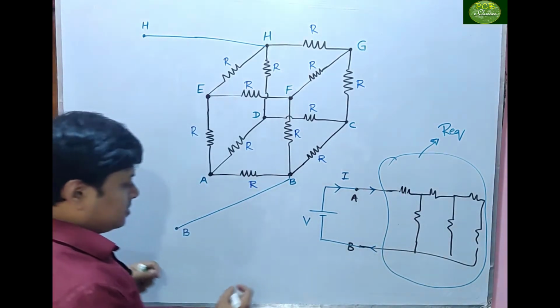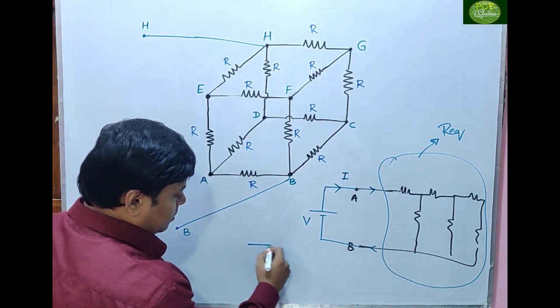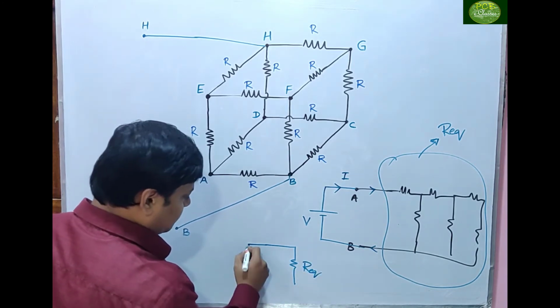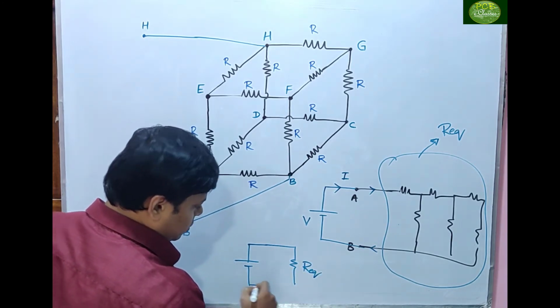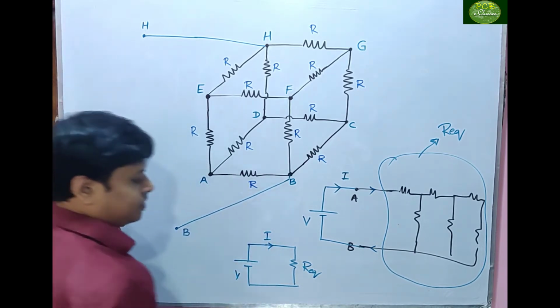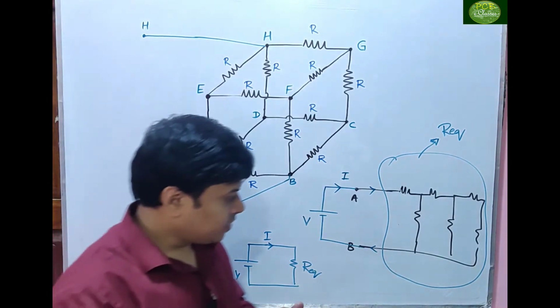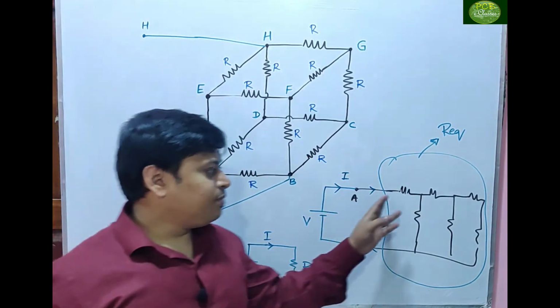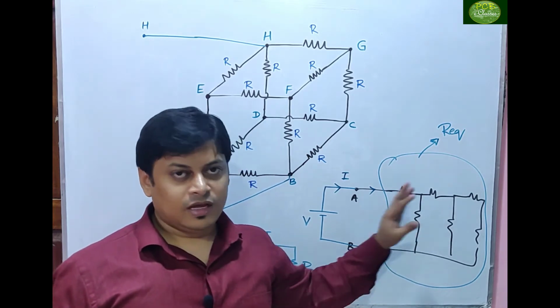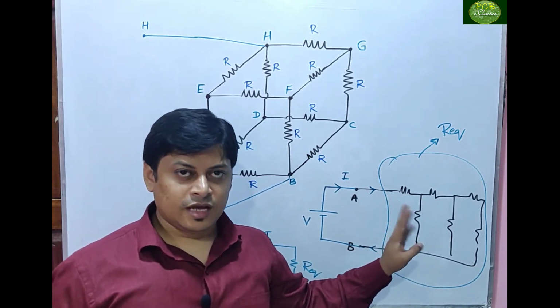Fine. So the circuit is now in this way. This is the R equivalent, this is a voltage and this is a current. Now tell me, one method is that with the help of series and parallel conditions, we find the R equivalent of a circuit.